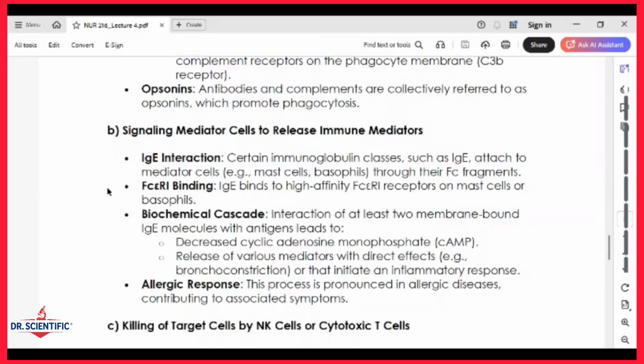If somebody is asthmatic, or has rhinitis, which is another allergic reaction, they are overproducing IgE in response to allergens. And when IgE binds to mast cells and basophils, it is going to cause bronchoconstriction.